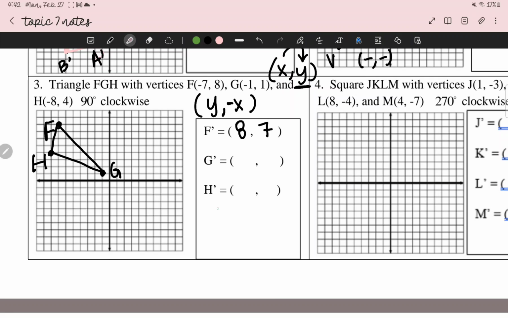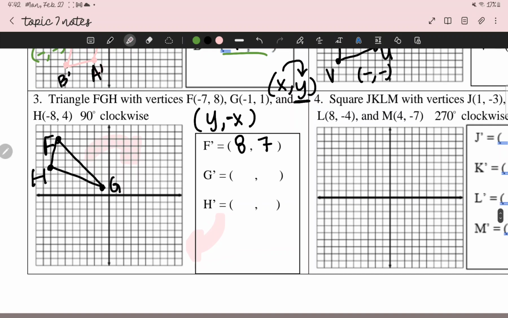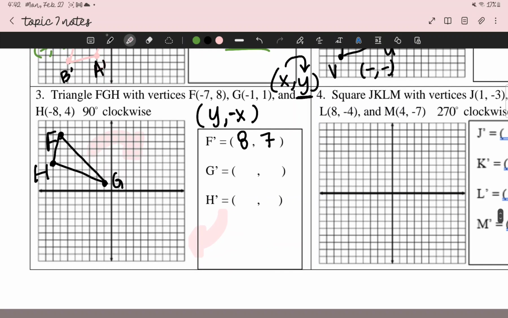I know it's supposed to be going down like that, but if it's already up, it's just going to go that way. So I should end up in this first quadrant, which is all positives. If I do that, then that should work, where I swap them and x became its opposite, so a +7. All right, so 8, 7 should be my new f prime.